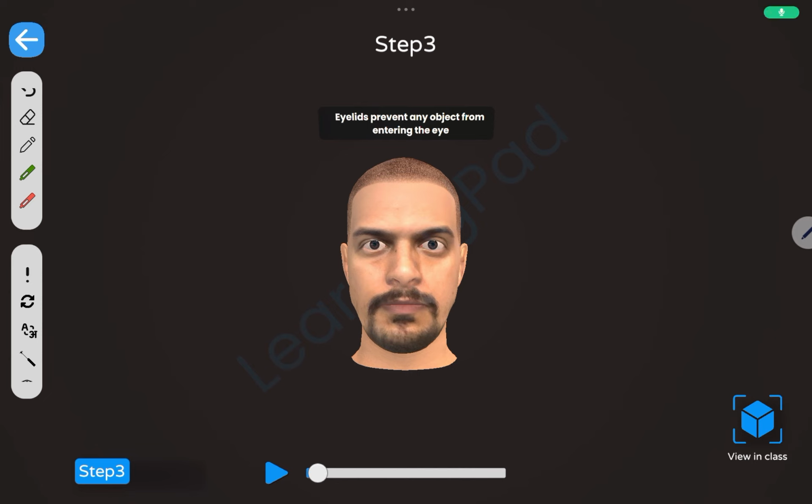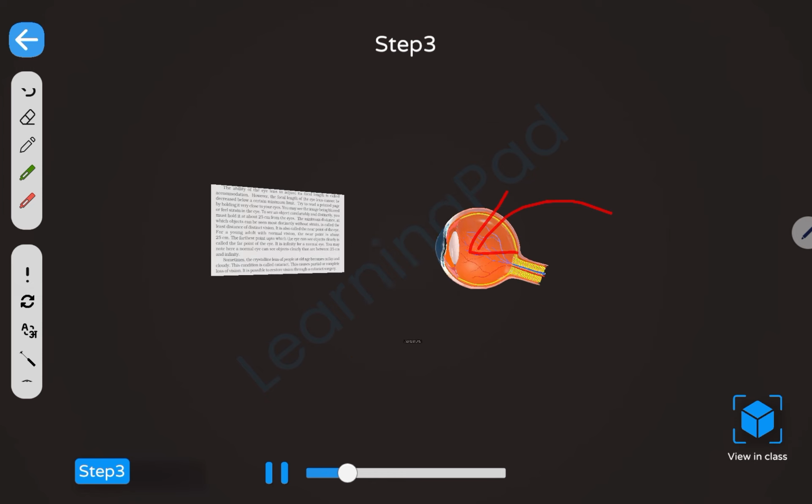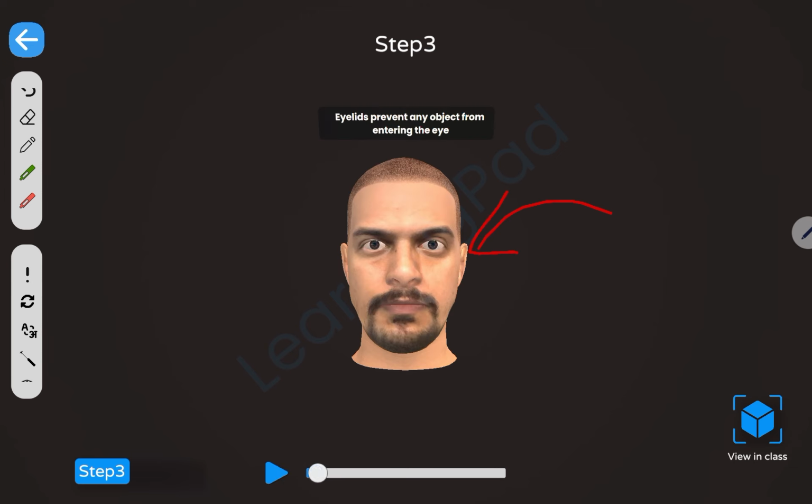And coming to the function of eyelids, we all know that eyelids prevent any object from entering into our eyes. So generally, if any object or dust particles come, or if the air is blowing very heavily, what happens? Our eyelids generally close, right? That is an action of our body to protect the eye from the dust.